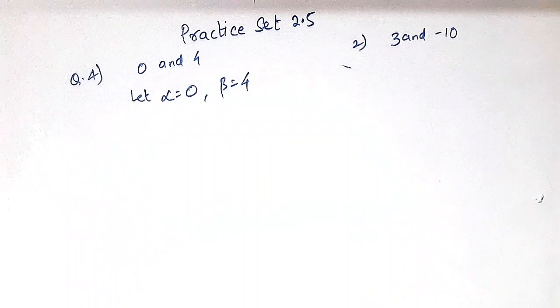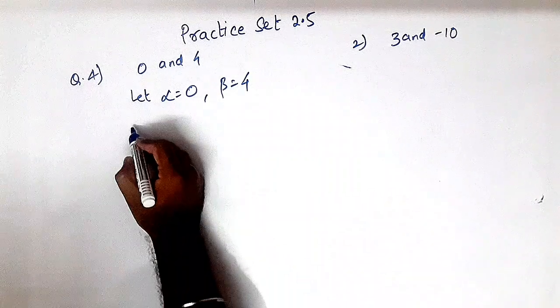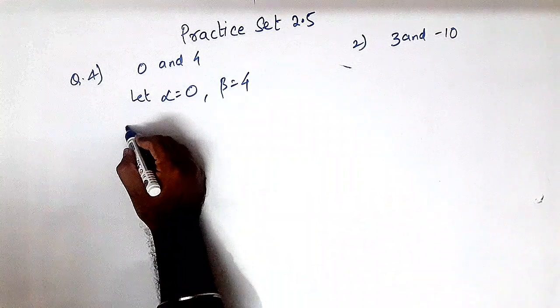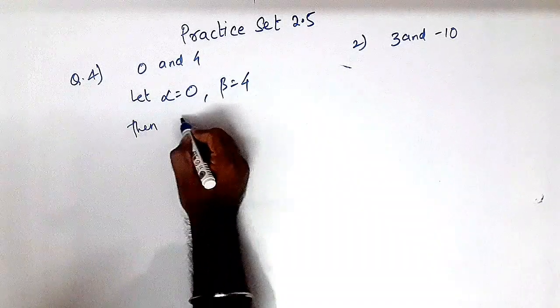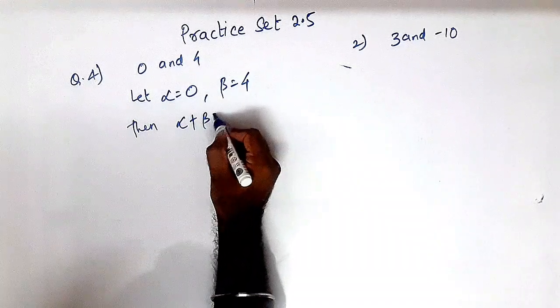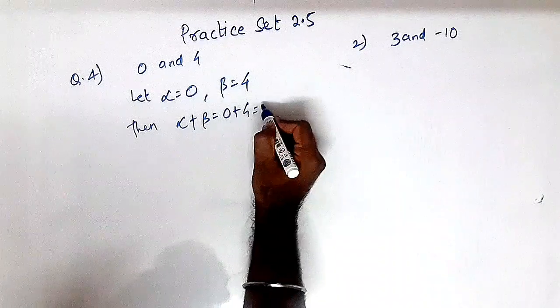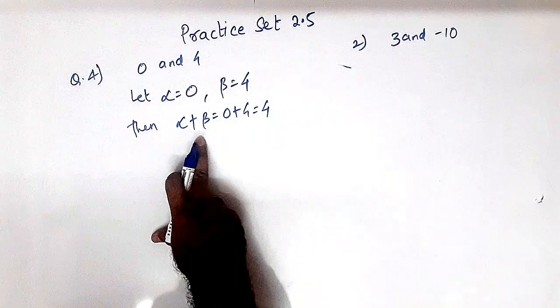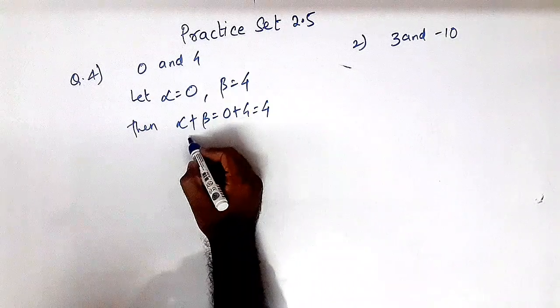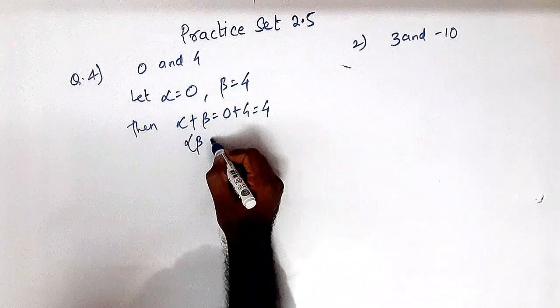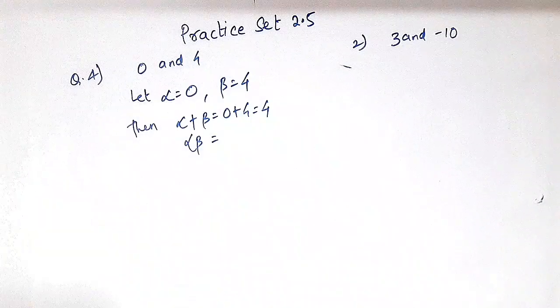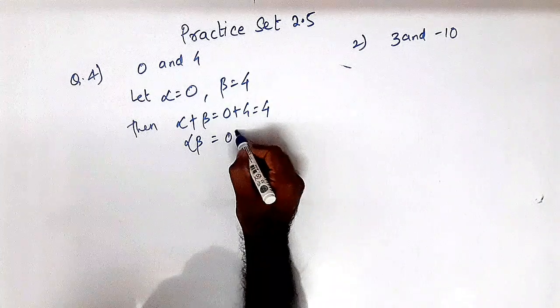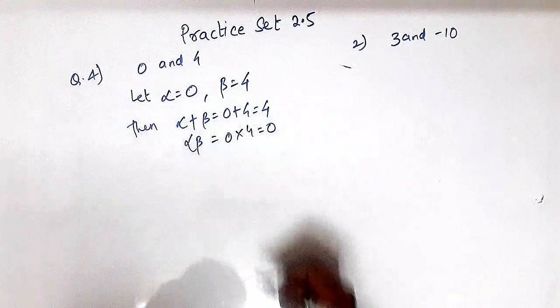Now alpha and beta are Greek letters. Alpha plus beta equals to 4. We have to find the sum of the roots and the product of the roots. Alpha into beta is 0 into 4 equals to 0.